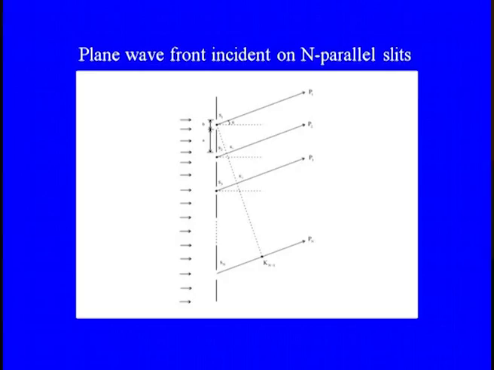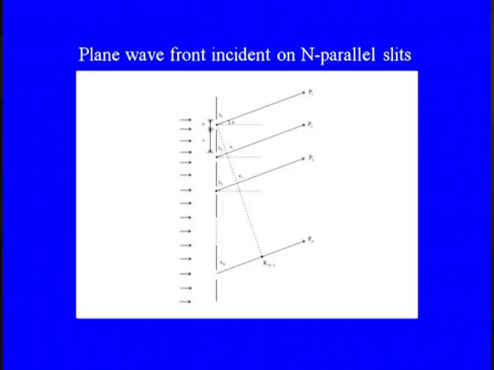Therefore, in the case of n parallel slits of equal width, we can replace all the secondary wavelets in each slit by a single wave of amplitude A sin beta by beta, starting from its middle point like S1, S2, S3 and so on, and travelling at an angle theta with the normal.